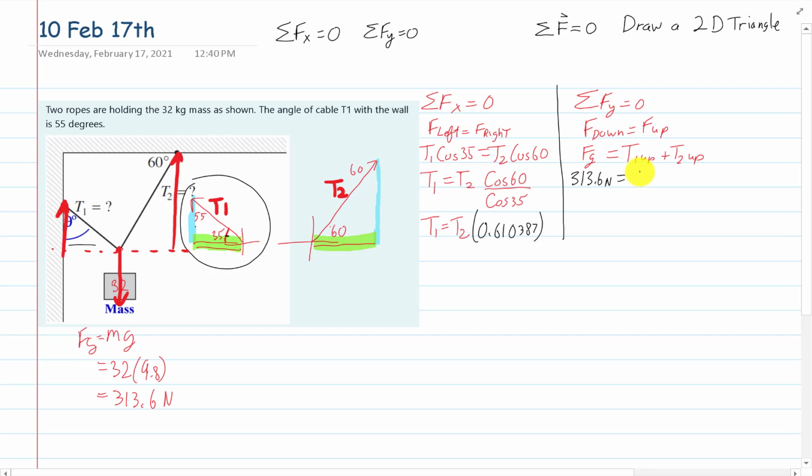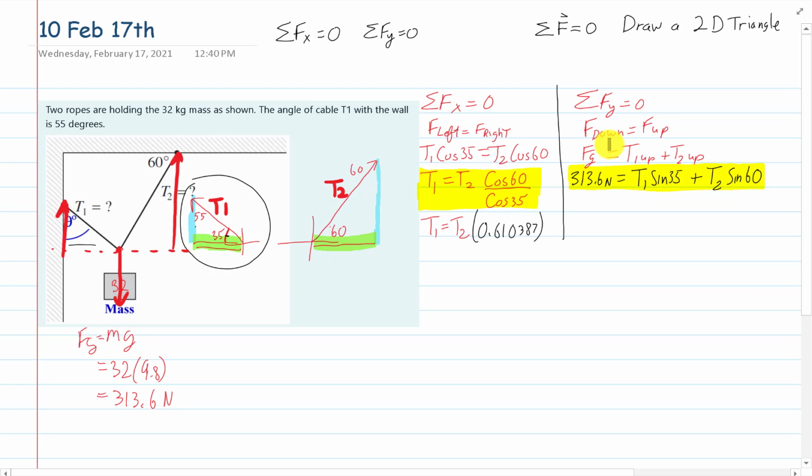That's going to be T1 times the sine of 35 plus, and this one is T2 times the sine of 60. Okay, at that point, we had a relationship here between T1 and T2, and here we have another relationship between T1 and T2.